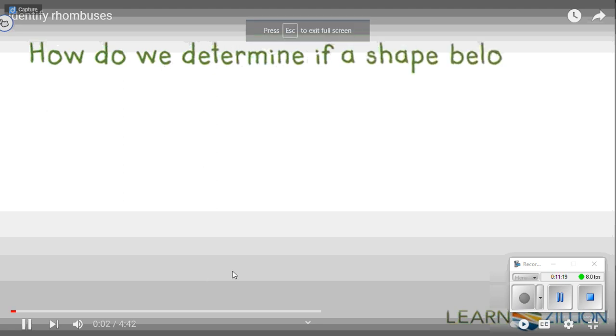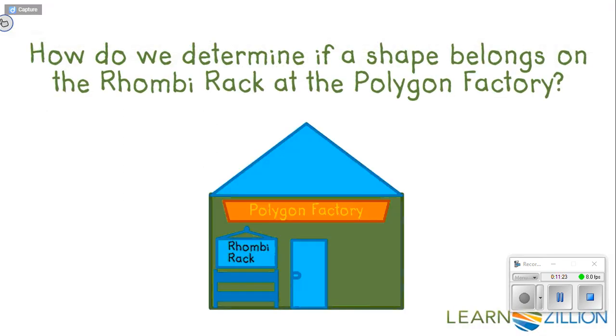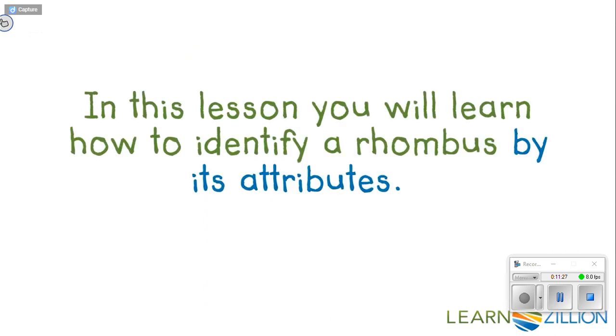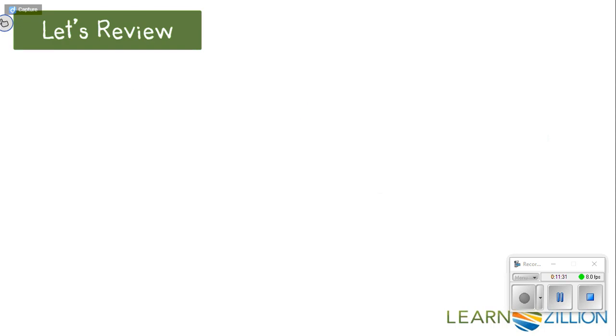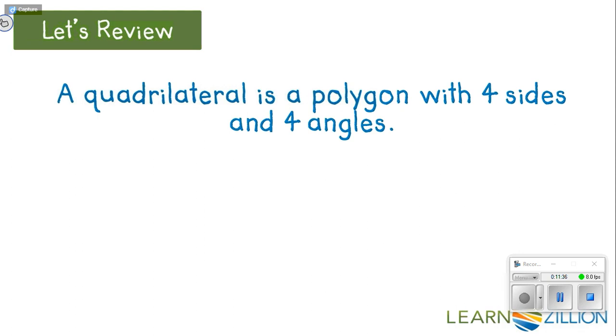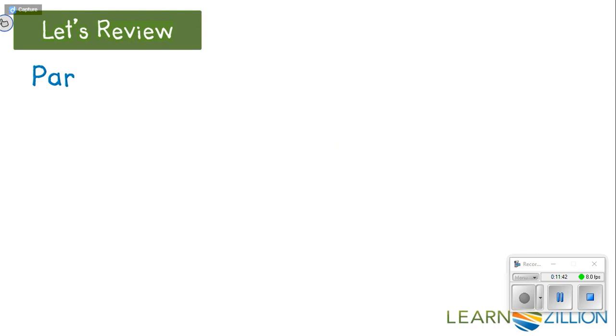We are workers assigned to the rhombus rack at the polygon factory. How do we determine if a shape belongs on the rack at the factory? In this lesson, you will learn how to identify a rhombus by its attributes. Let's review what we know. A quadrilateral is a polygon with 4 sides and 4 angles. You'll notice that all 3 of these shapes are quadrilaterals with 4 sides and 4 angles.